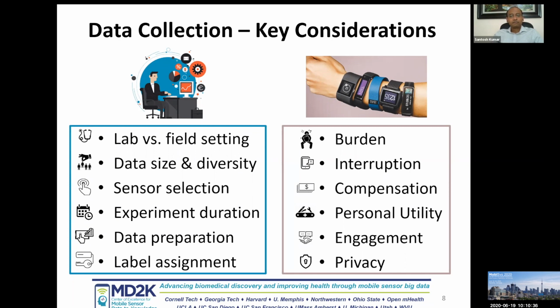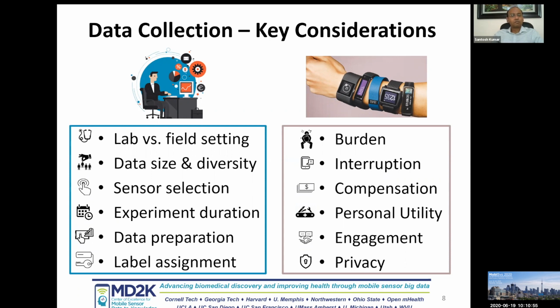And it's great if during the study, the participants see some personal utility of participating in this data collection. We should try to make it engaging. Again, that will reduce the burden and increase the chances that they'll contribute good quality data.